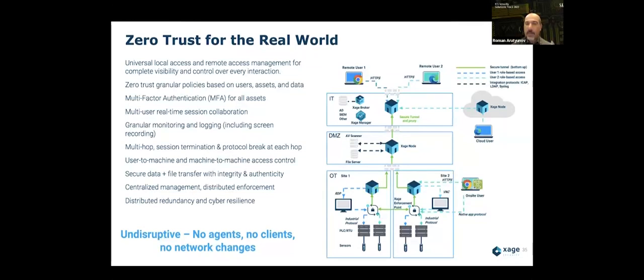The fabric forms a mesh. There could be multiple enterprises, there could be multiple DMZs, multiple OT sites. The mesh creates an overlay directing access and controlling all the various interactions.